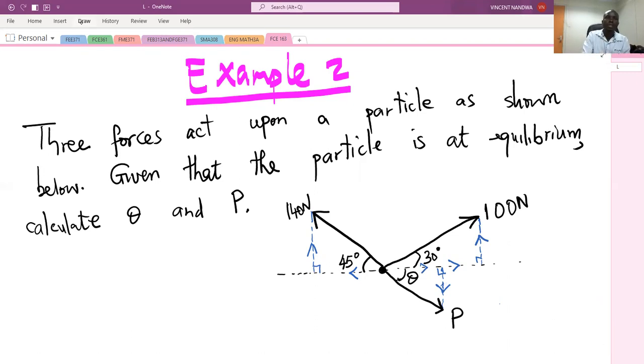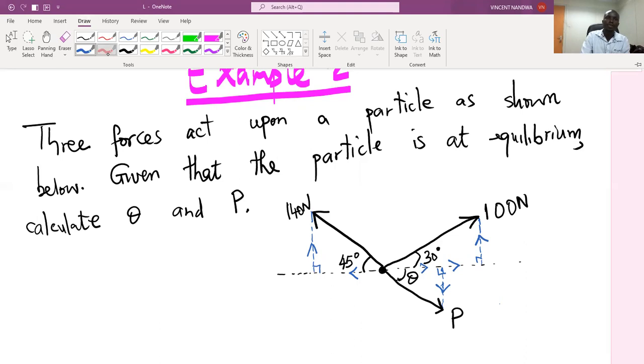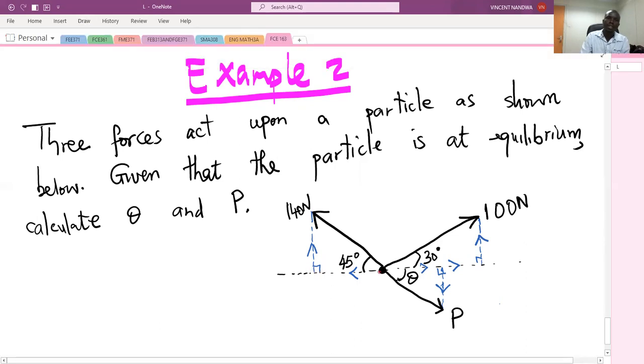So on this diagram, you see that this is adjacent. Because the length of this force, which forms the hypotenuse of this right angle triangle, is 140, this will be 140 cosine of 45 degrees.